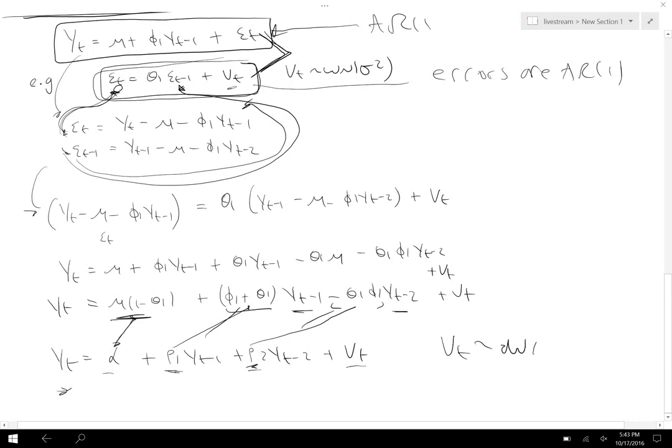This is the definition of an AR(2) process. So if an AR(1) model has errors that are an AR(1), the true model is an AR(2).